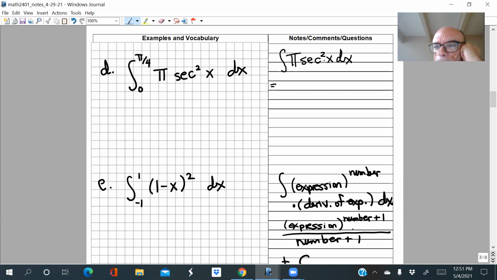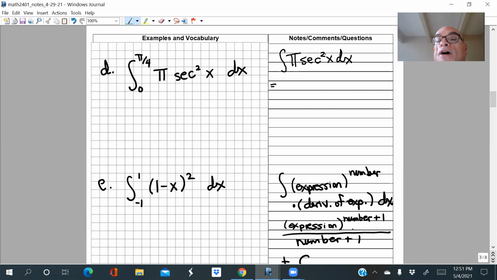Can y'all recall that one? It's obviously not sine and cosine. Does it have something to do with tangent? Yeah, it is tangent. The derivative of tangent is secant squared.